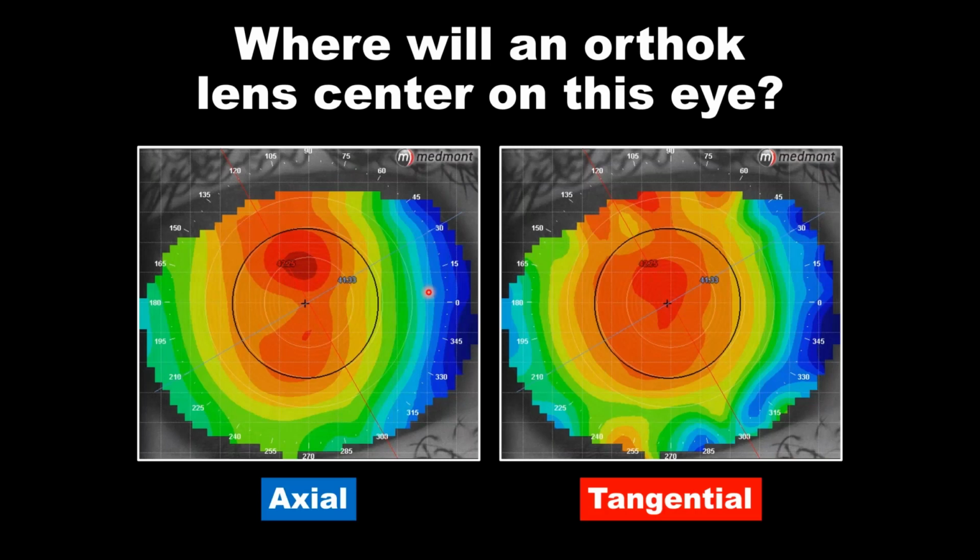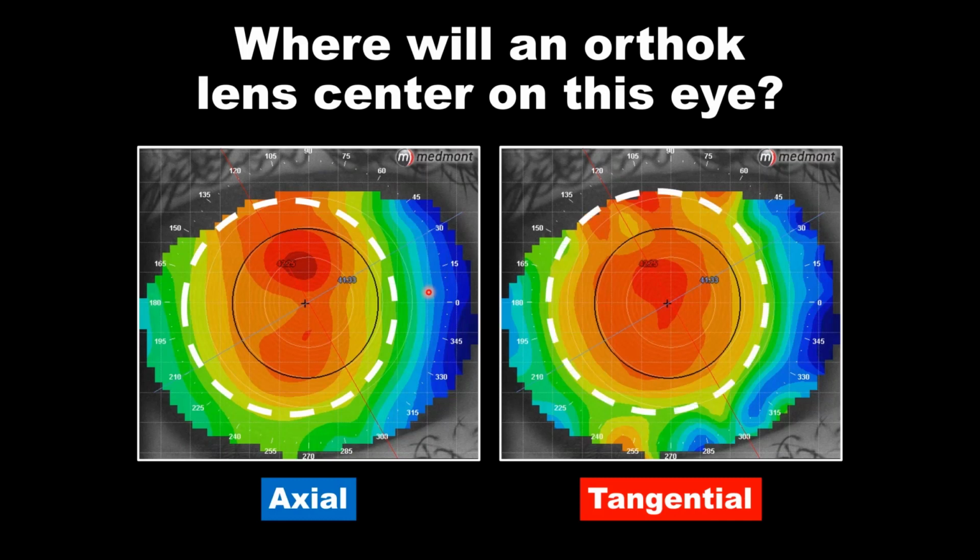Now, what about centration? Can you expect an ortho-K lens to be well centered on this patient? We might look at the axial or the tangential and draw circles around the green-yellow border. That's approximately where your lens will touch down, where your alignment zone would be. And the same is true for corneal GPs. Where will the lens want to position in relationship to the visual axis here in the center, or the black pupil?